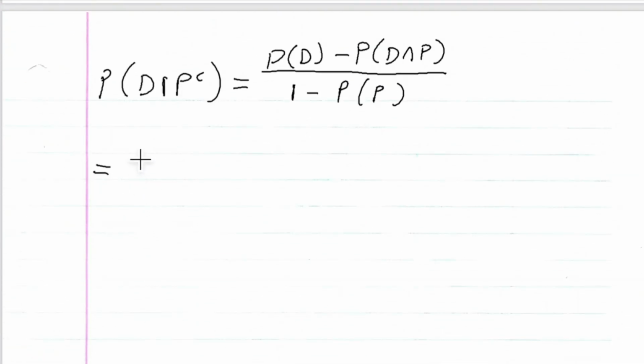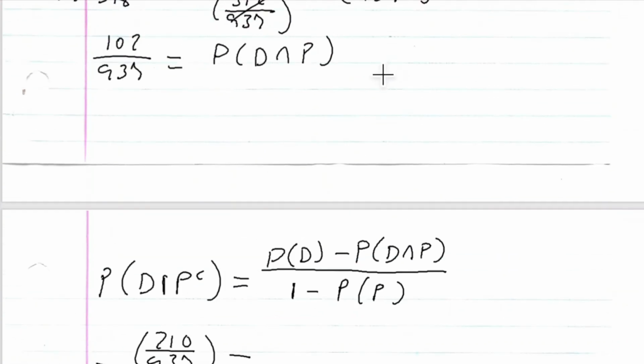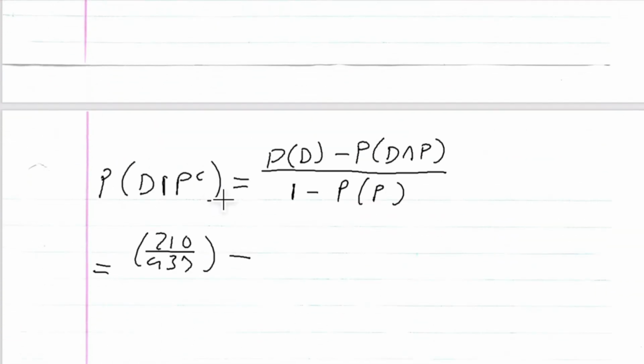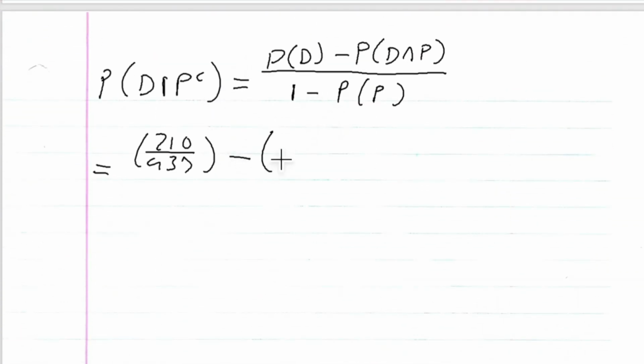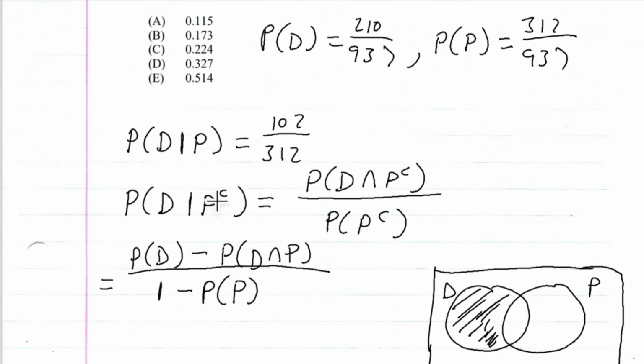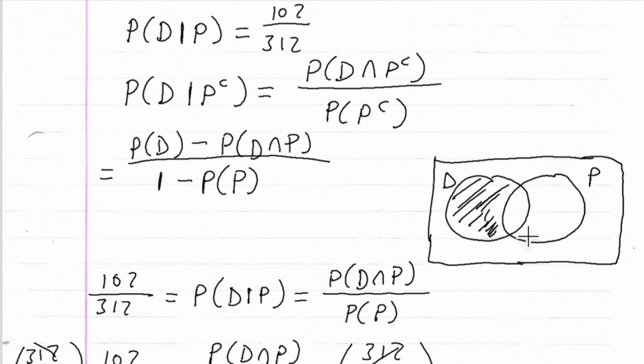So 210 over 937 minus, and I found the probability of D intersection P, 102 over 937. And that's all over 1 minus the probability of P, and the probability of P was 312 over 937.